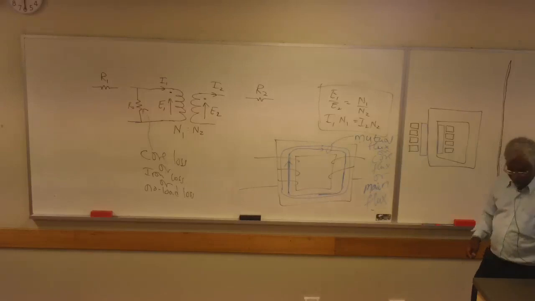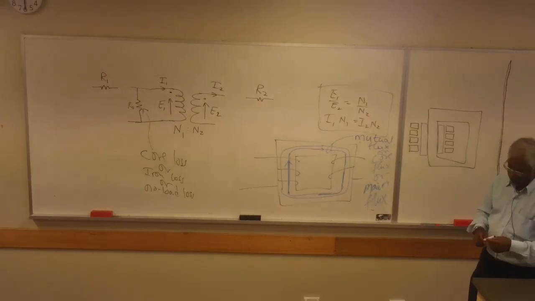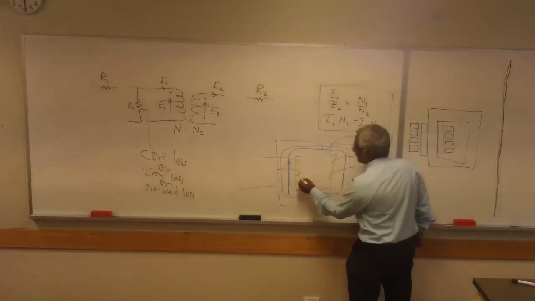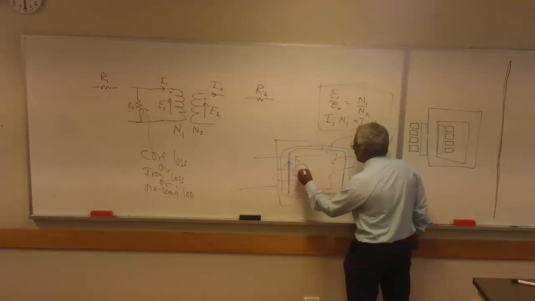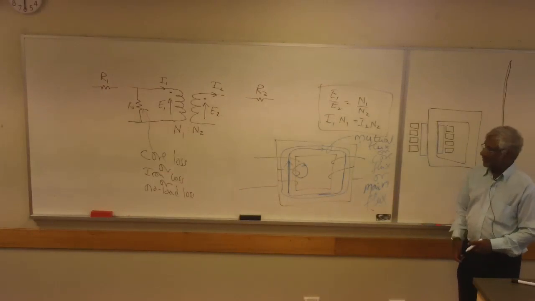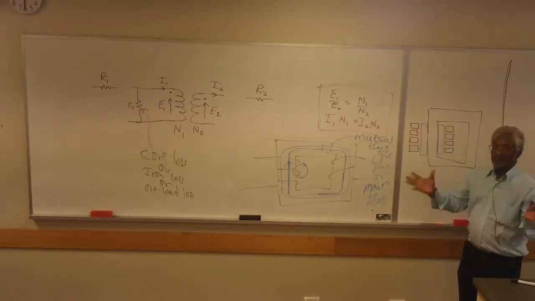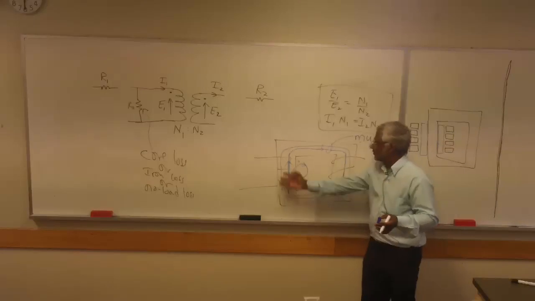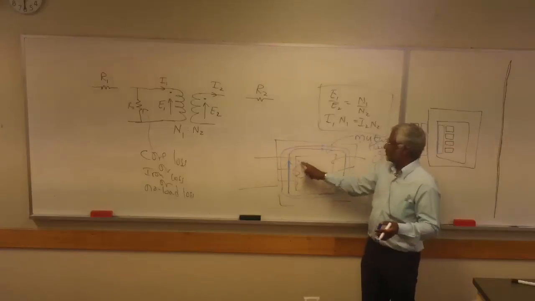Okay, so how about this one here? There would be some amount of flux that would do this. Roughly, what percentage of flux do you think would be mutual flux in the core compared to flux that will jump out in air?